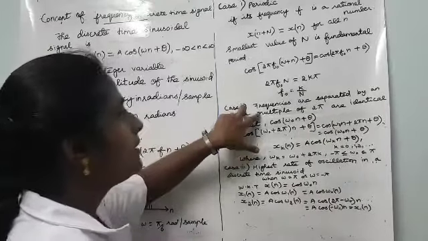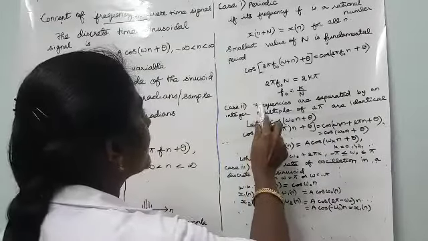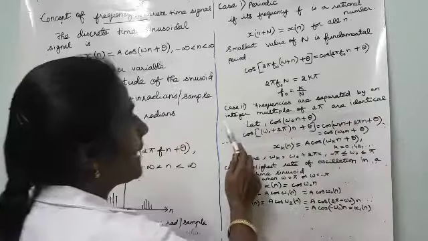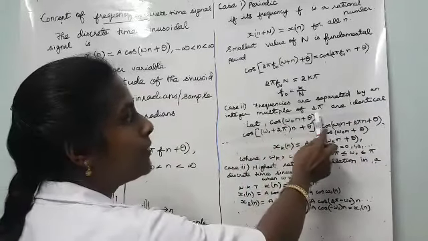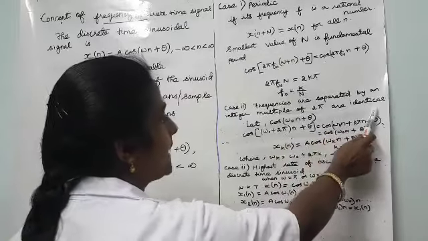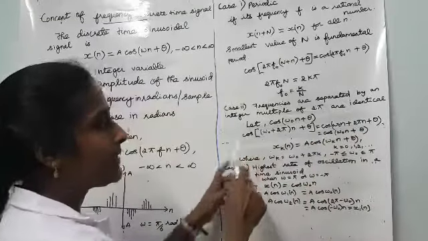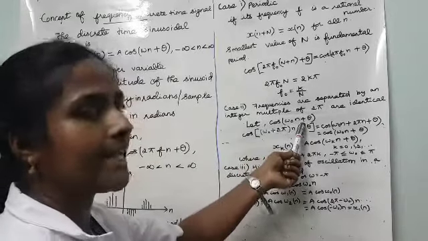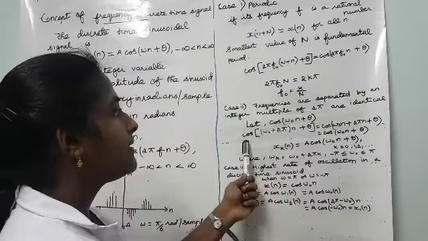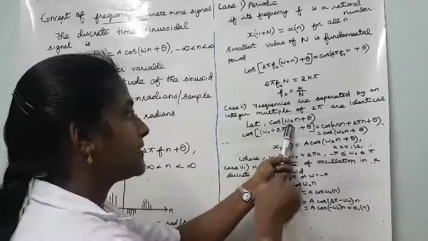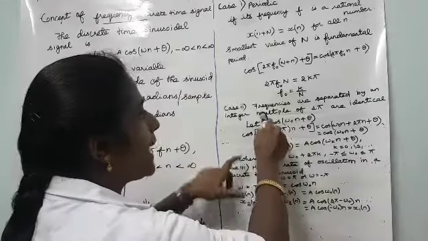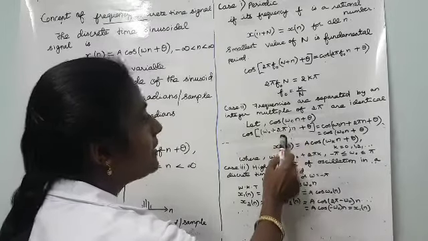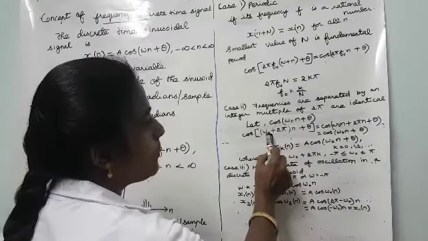Second case: discrete time sinusoidal signals whose frequencies are separated by an integer multiple of 2 pi are identical. We can take one example, a sinusoidal signal cos(omega naught n plus theta). We add an integer multiple, that is, we add 2 pi to omega naught.